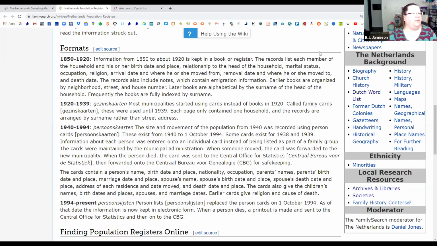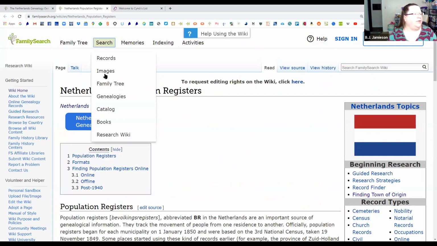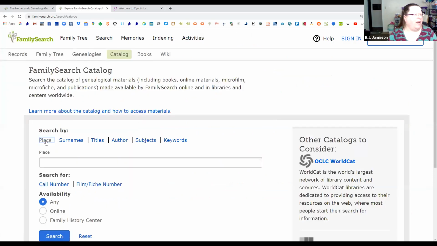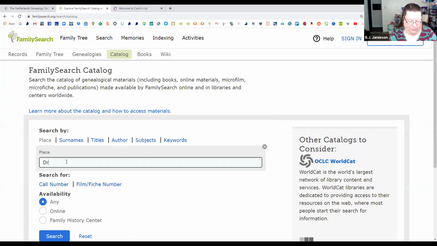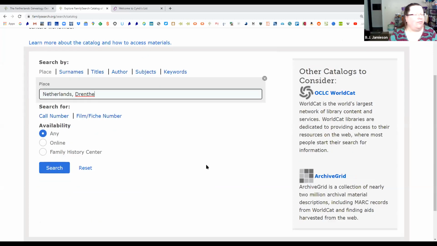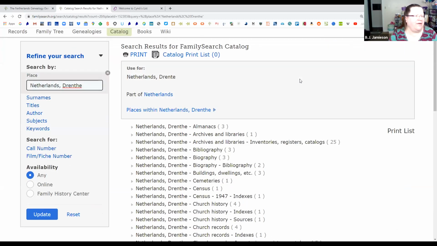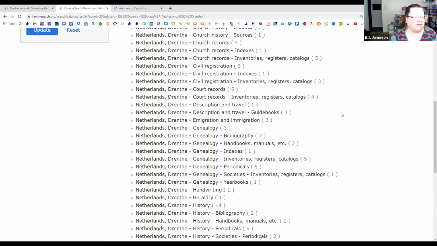So the next thing I would do with FamilySearch, I would go to the catalog and go by place. And again, put in that. One reason I chose that province is I knew I'd remember how to spell it. And search by that and see what they've got, to see if there's something here that's not indexed easily.